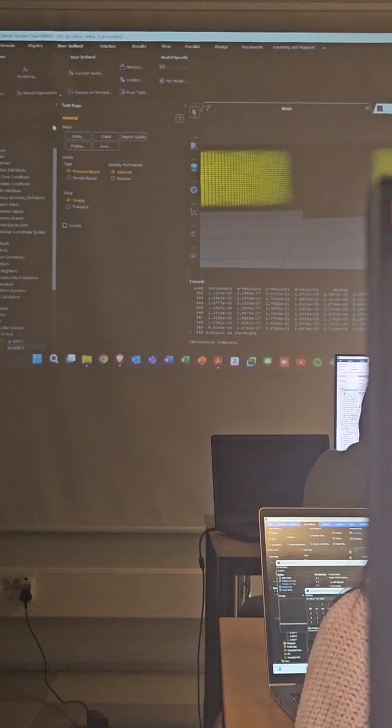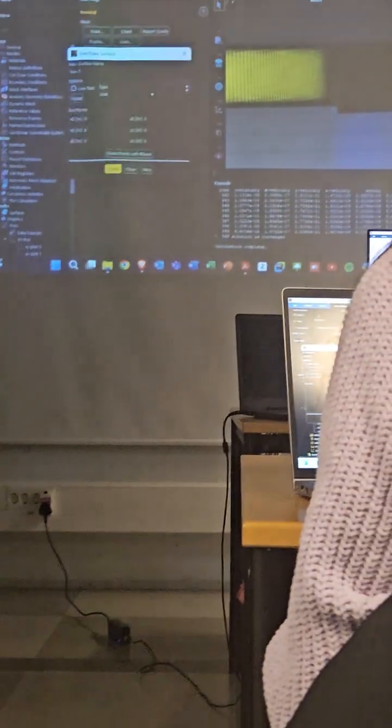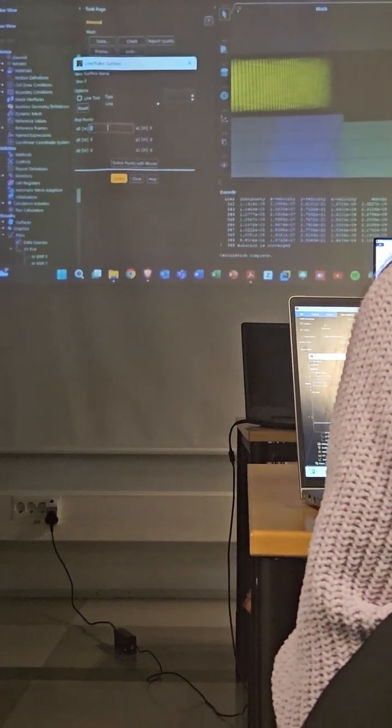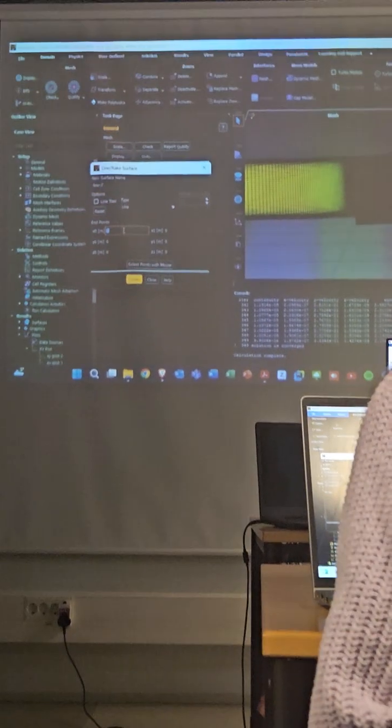So we need to create two more lines. So from domain, create line, which is for x. Let's call this x equal h.